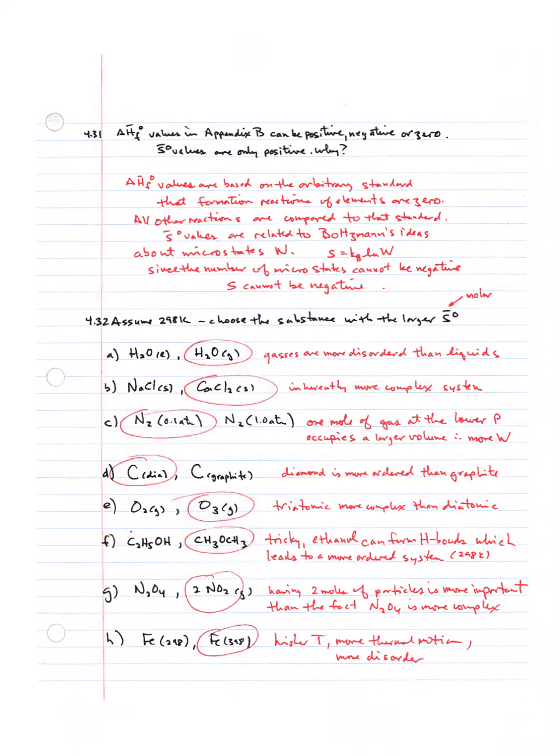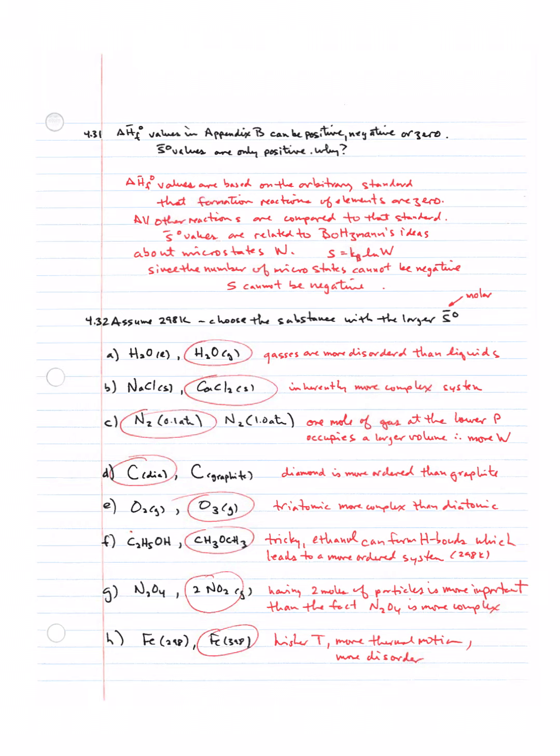A few problems at the end of the base part of Chapter 4. There are some additional problems that I haven't looked at yet, but we'll probably look at those during the week. So the question says, delta H of formation values in Appendix B can be positive, they can be negative, or they can be 0.